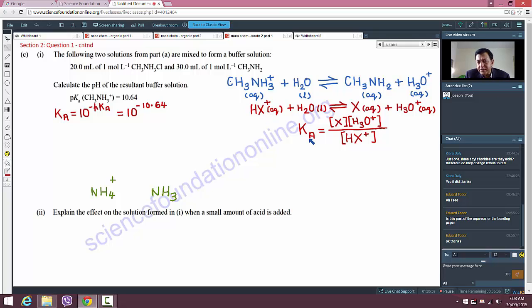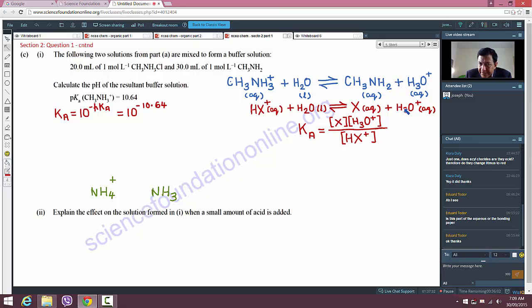Now, when writing our acid dissociation constant expression, rather than having to write Ka equals the products over the reactants, like CH3NH2 concentration times H3O+ concentration divided by CH3NH3+ concentration, I can make it neater and simpler to write if I think of the CH3NH2 part like X, and that's what I've done.